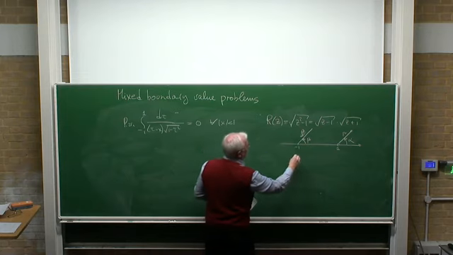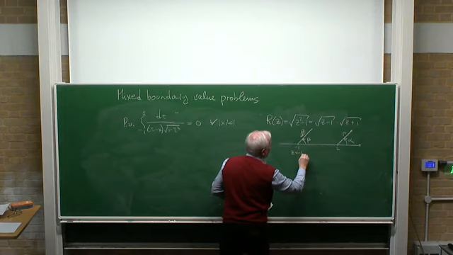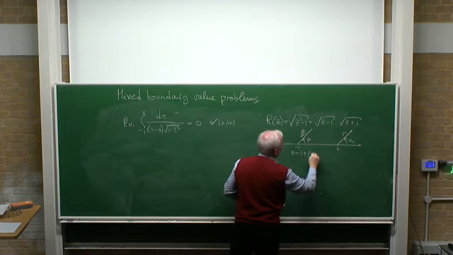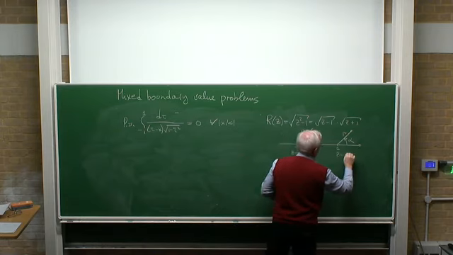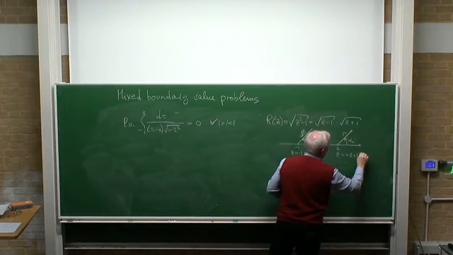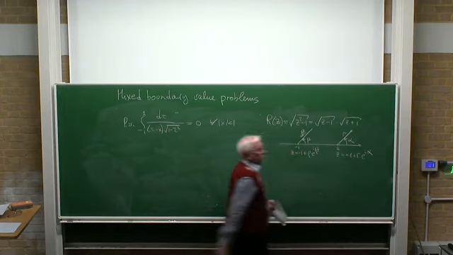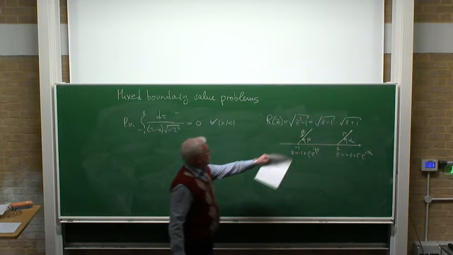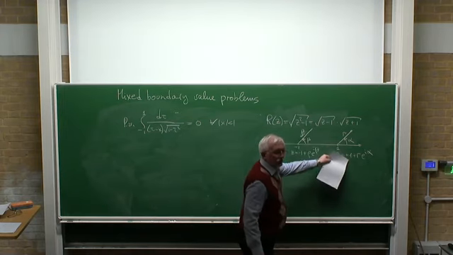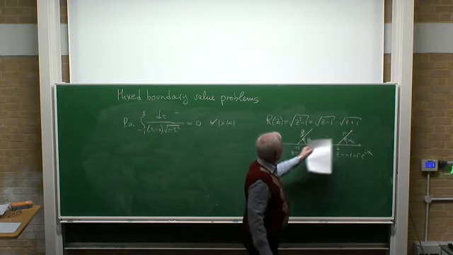Then we have z equal to minus 1 plus rho e to the i beta, and z equal to plus 1 plus r e to the i alpha. To calculate the first one, we use this representation; to calculate the second one, we use that.